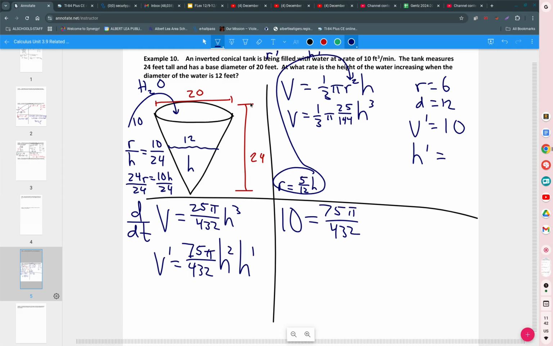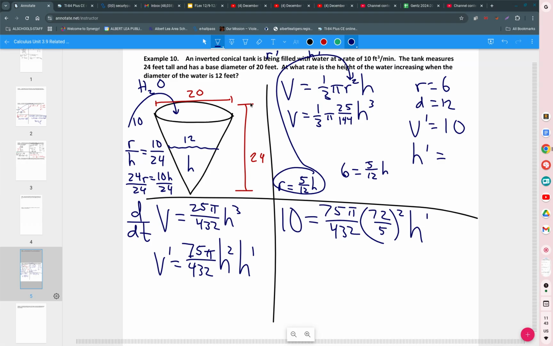And if the current radius is 6, I can figure out the height, can I? Yeah. If I multiply by the reciprocal, I get 72 over 5. We're going to square that and multiply by h prime. Now I have enough information to be able to calculate h prime.